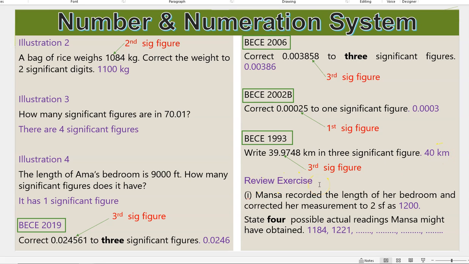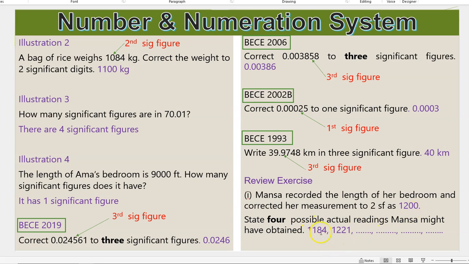Review exercises. Mansa recorded the length of her bedroom and corrected her measurement to 2 SF as 1200. State 4 possible actual readings Mansa might have obtained. What this means is that any number that you state, when you round it to 2 SF, you should get 1200.